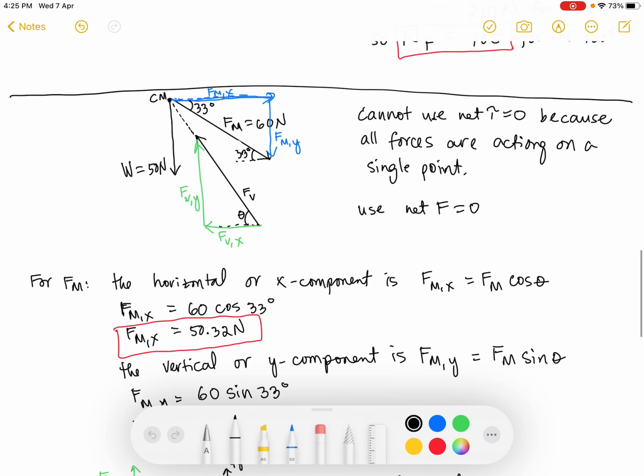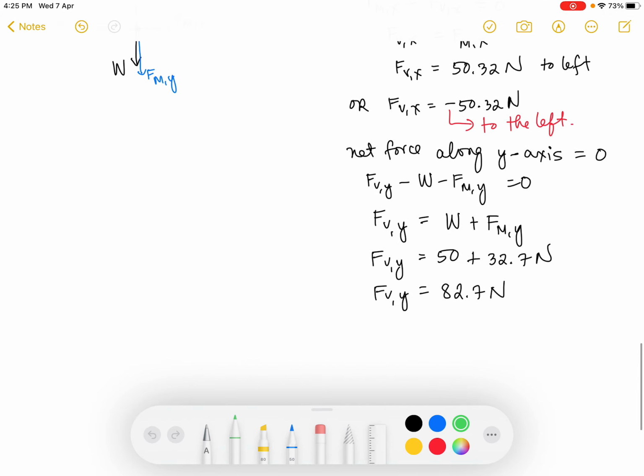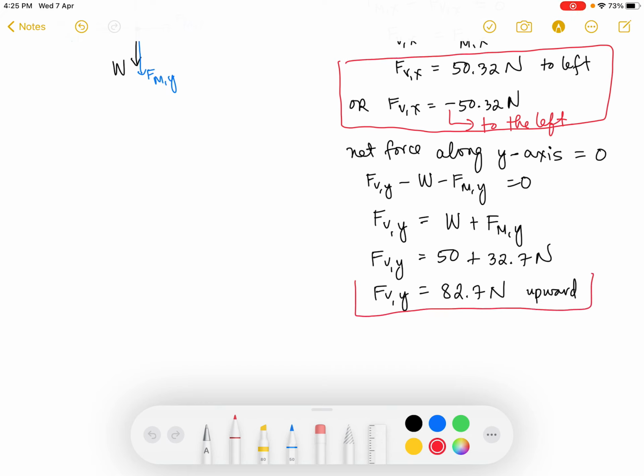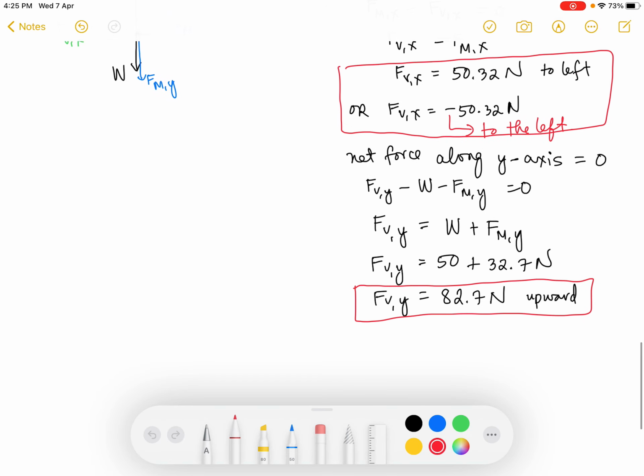Right, looking at our diagram here, FVY is pointing upwards. You see how FVY is pointing upwards. So the direction of FVY will be upwards, or that will be positive. Right, so we now have these values, FVX and FVY. These are the X and Y components of FV.